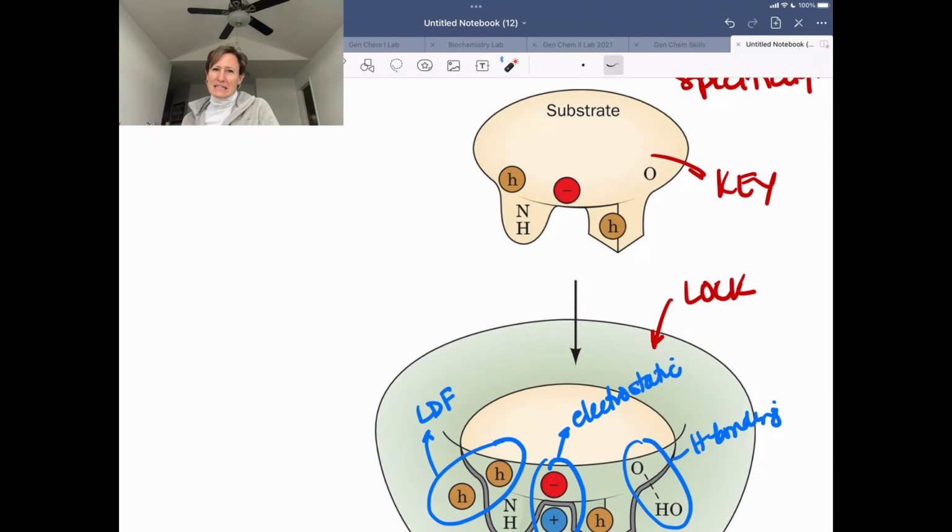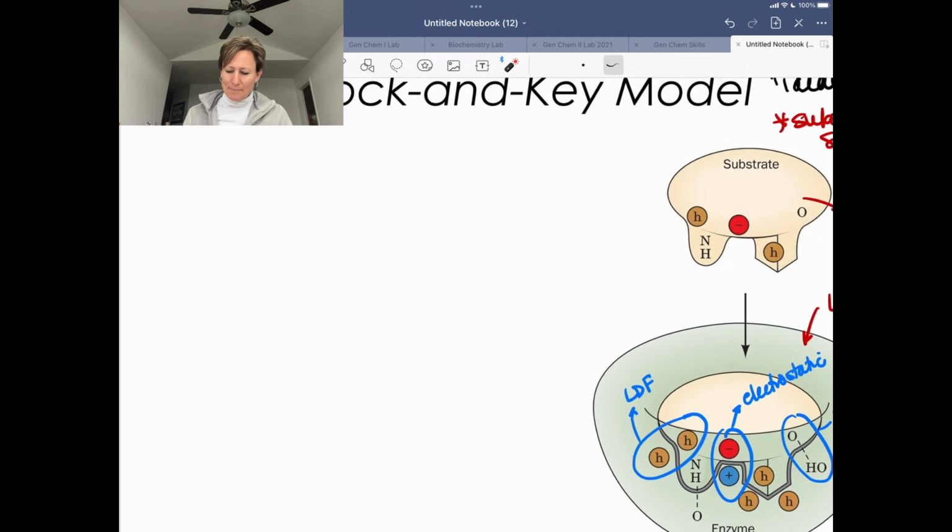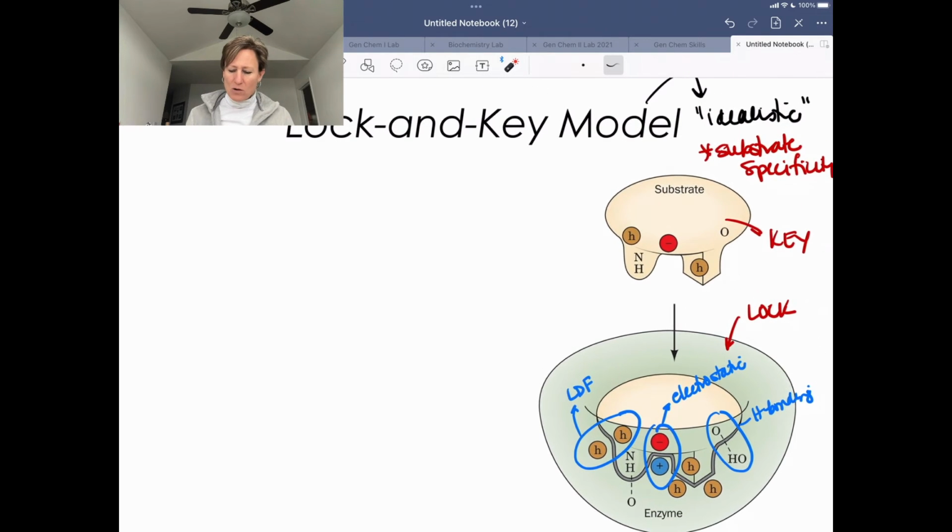We're going to revisit this picture, but I want to take a second to highlight how we are going to think about enzyme binding substrate, doing chemistry, and so forth. This is going to lead into our learning unit on kinetics.